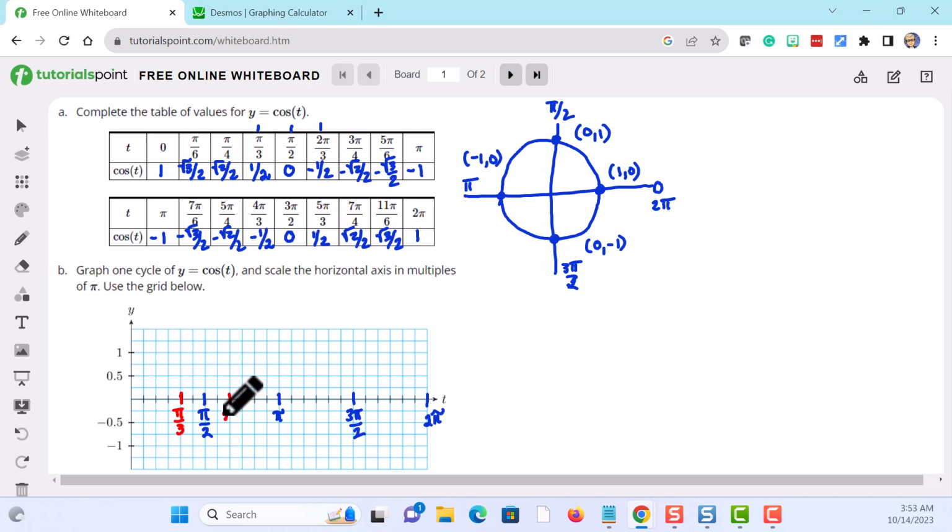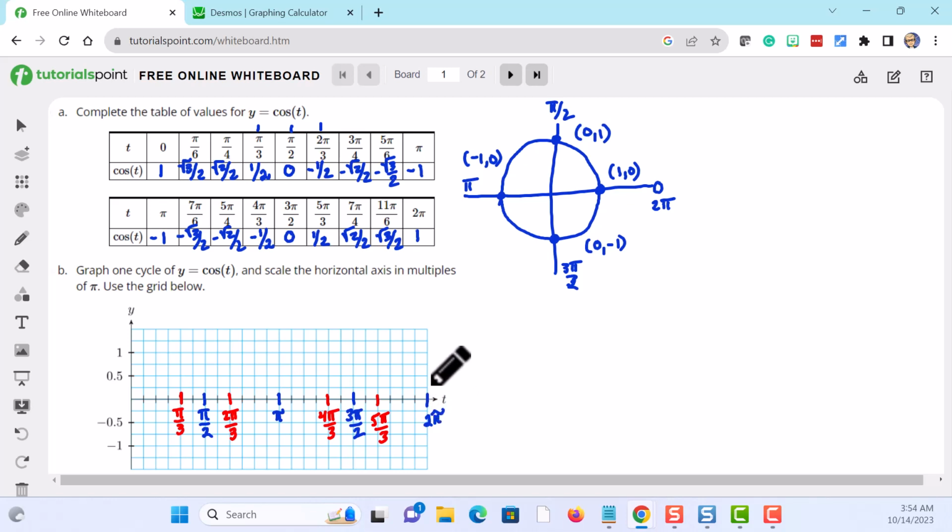This must be 2 pi over 3. Go 4 more, we would be at 3 pi over 3. That reduces to pi. The next one is 4 pi over 3. And then 5 pi over 3. And finally 6 pi over 3, but that reduces to 2 pi.